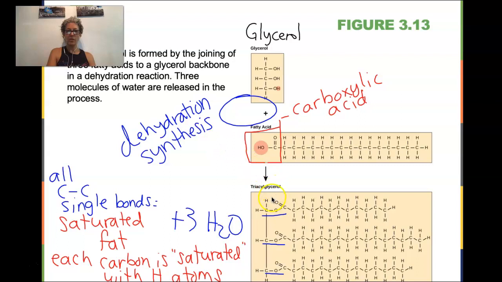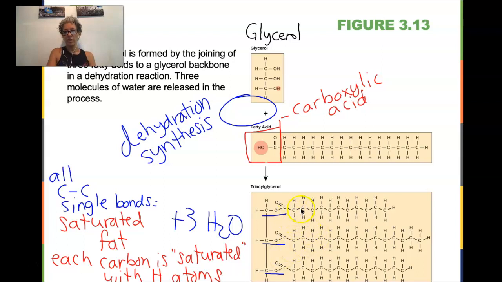And so this is the carboxyl, and this carbon had its oxygen, its hydrogen was donated, this oxygen was still part of the carboxyl group, and that is the bond connecting the fatty acid to the glycerol.